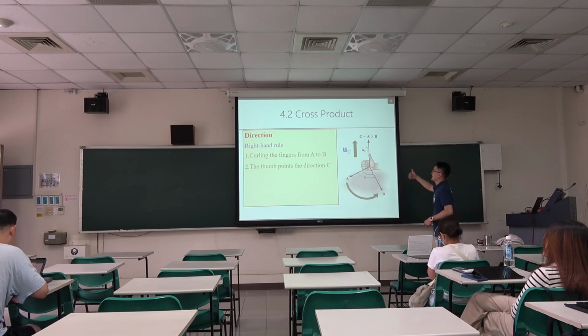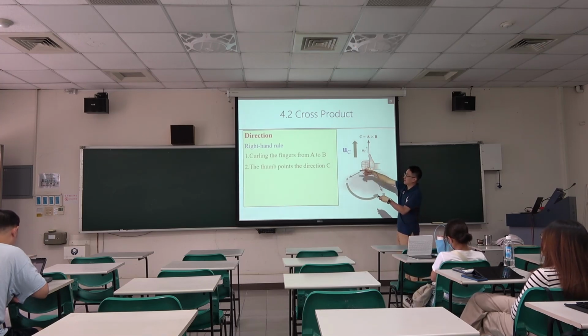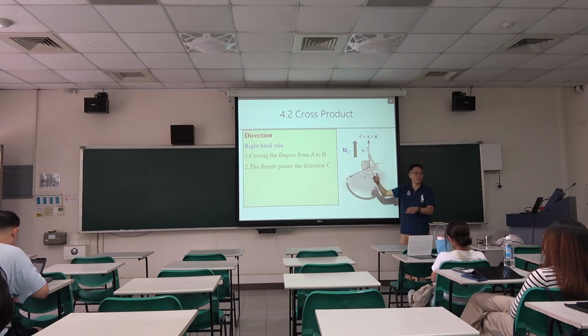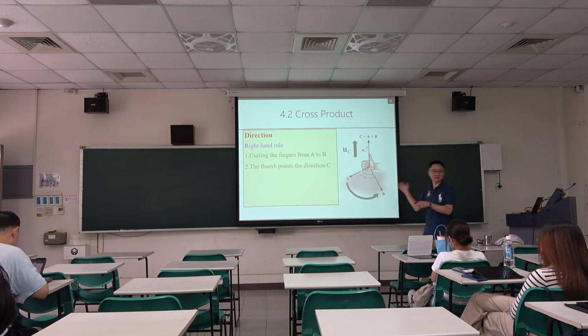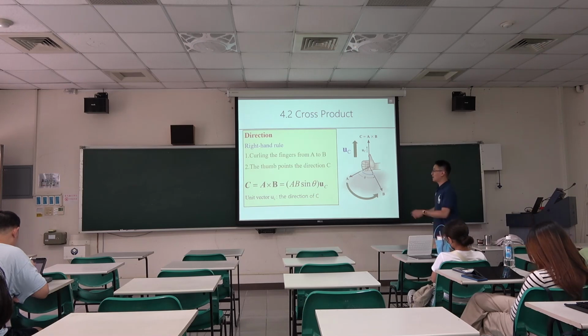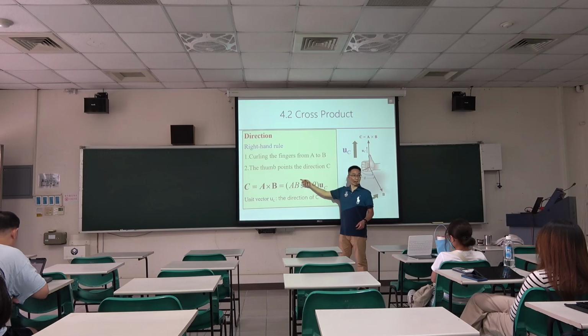Then the direction is that of vector C, so of course we have the third direction. We can work out the unit vector of each, so the concept is the same as chapter 3. AB sine theta is a scalar, remember?